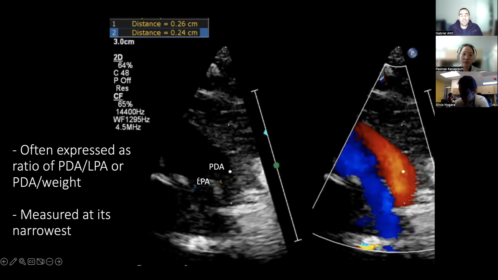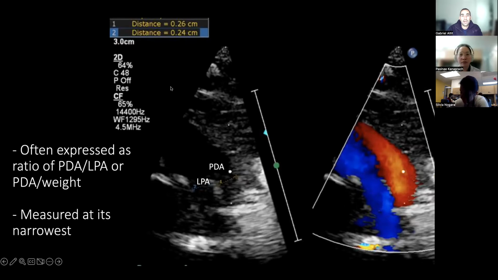And because babies are of different weight and size, we try to normalize it to a ratio to help us express how significant the size is. So it will often be expressed relative to the left pulmonary artery or to the weight of the patient at the time of the echo, measured at its narrowest diameter.